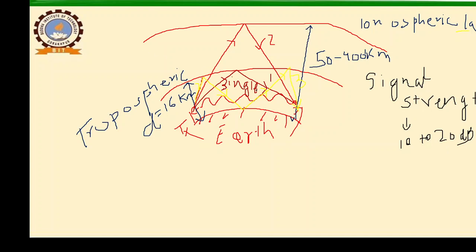The signal reaching the receiver end has multipath components. So we take the vector sum of all these signals: the first signal, the second signal, and the third signal.